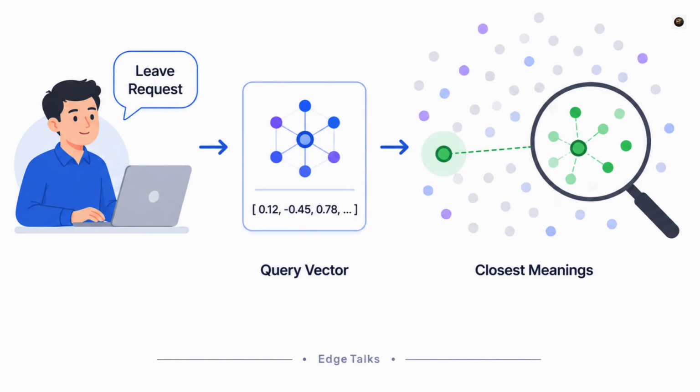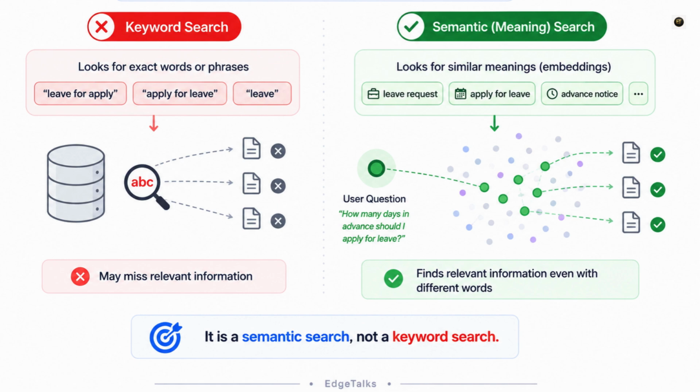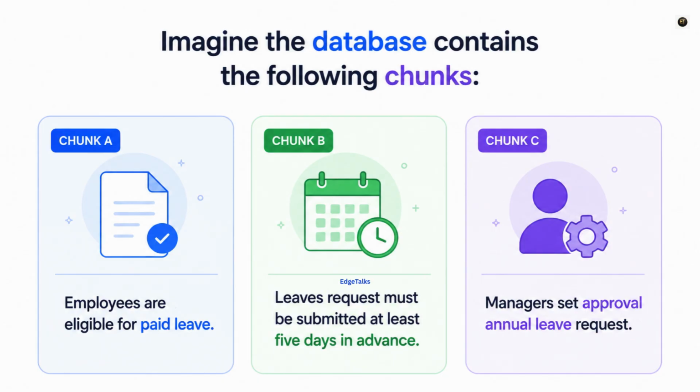Now notice something important here. The database is not searching for the exact words apply for leave. Instead, it is searching for embeddings that represent similar meanings. This is a semantic search rather than a keyword search. Now imagine the database contains the following chunks. Chunk A, employees are eligible for paid leave.